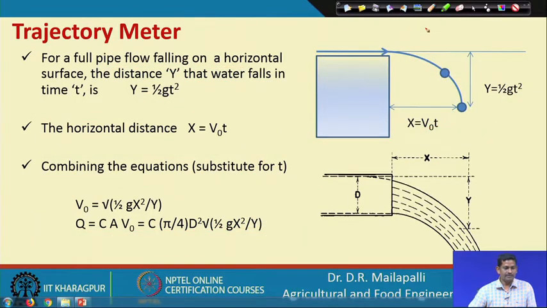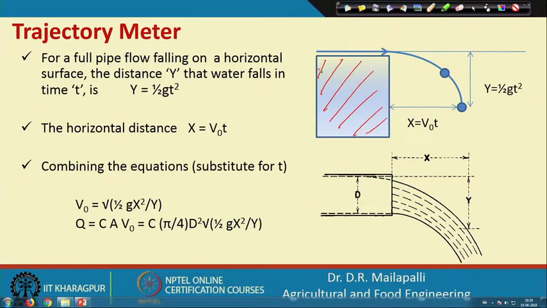Here the trajectory meter works on a simple principle, the trajectory or projectile, as you might know. Let us say this is a block and you have thrown an object. The object will take a parabolic shape.